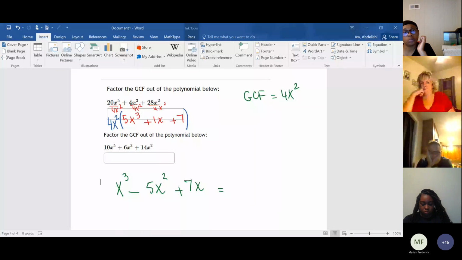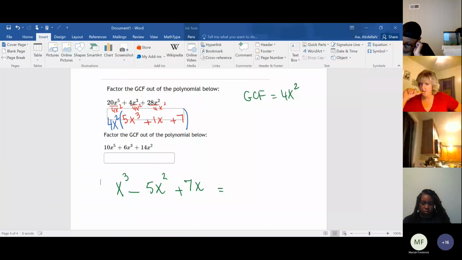And if you consider x to the fifth, x cubed and x squared, the rule is to assign the smallest exponent, because that smallest exponent is contained within everybody, right? So that's the rule. X squared is the greatest common factor between x to the fifth, x cubed, and x squared itself. I think if you write them out, it will show you.